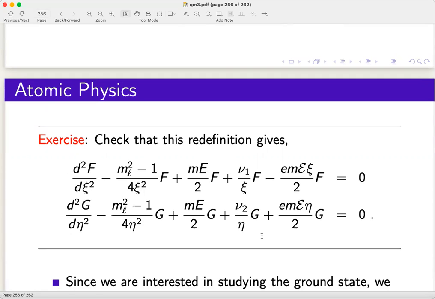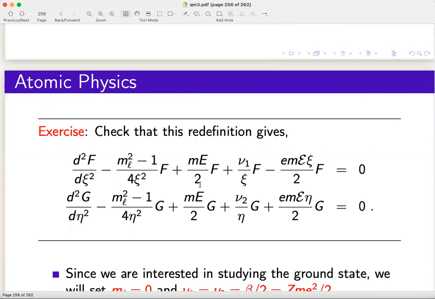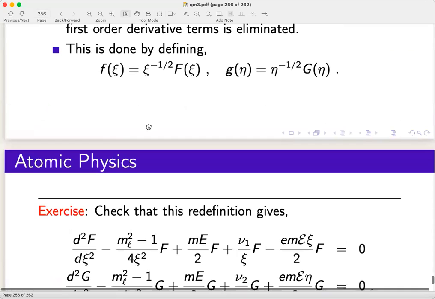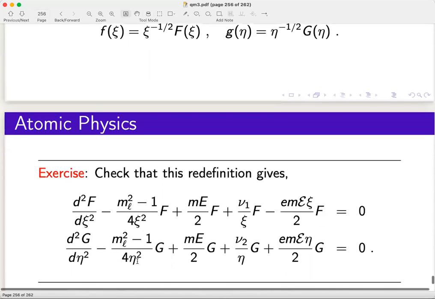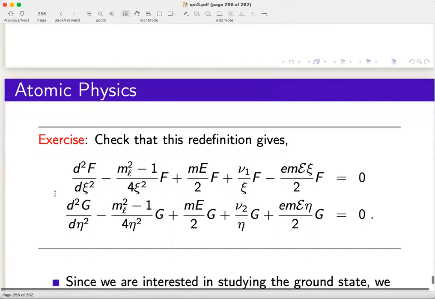So with these redefinitions, what we managed to do was to get rid of the first order derivative part in the differential equation, and we have equations which look like this. If you really want to be pedantic, you could divide by 2m so that it really looks like a Schrodinger equation.